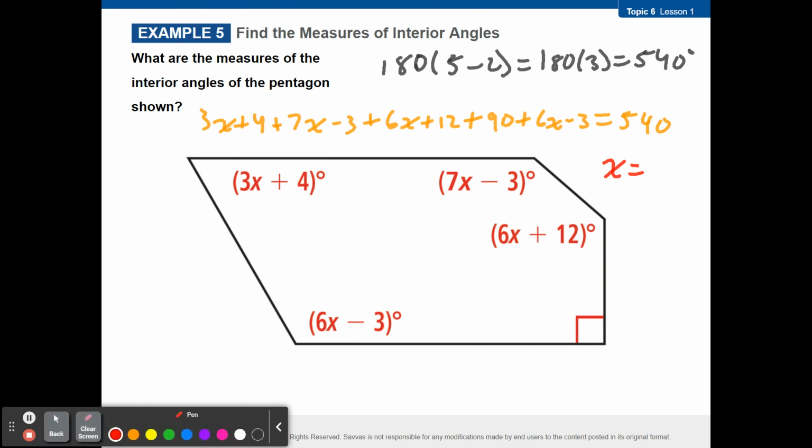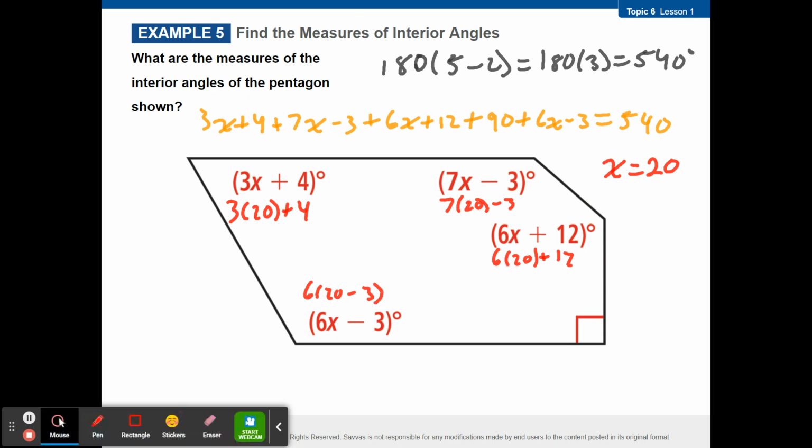Okay. Is it 20? Yeah, should be, right? All right, so now what do we do with this 20? Got to find each one, so we do what with it? Substitute it in, yeah. So 3 times 20 plus 4, 7 times 20 minus 3, 6 times 20 plus 12, and then 6 times 20 minus 3. Here we go. Okay.